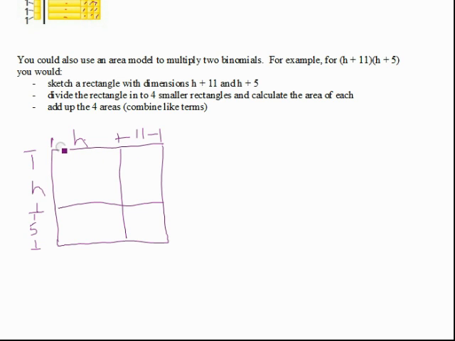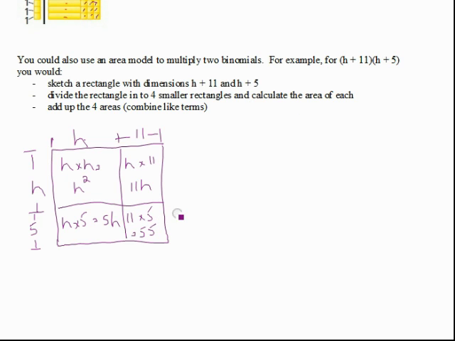So h times h is h squared. H times 11 is 11h. H times 5 is 5h. And 11 times 5 is 55.